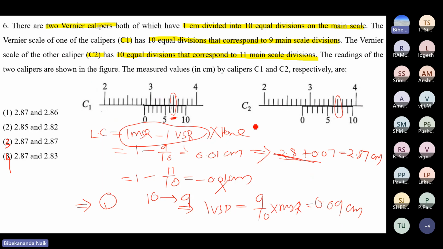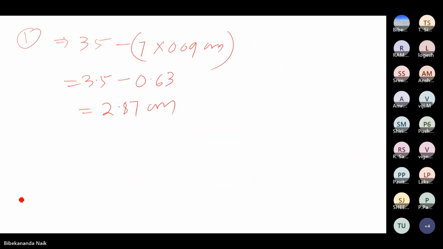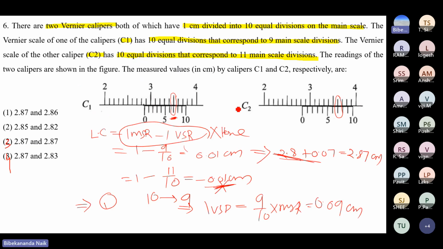But in the second case, when you calculate, it will be different because the least count was coming to be negative. But here, as you can see, in the second case C2, the main scale reading is 3.6.